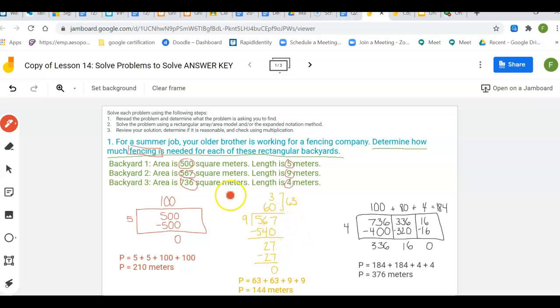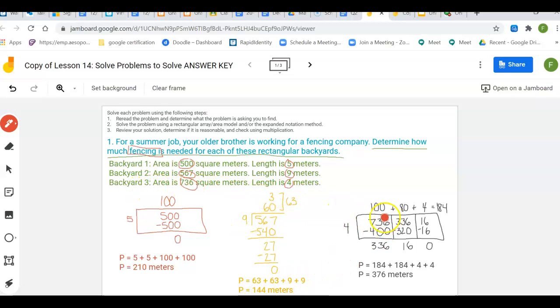And for the second one, 567 divided by 9. And this is my work for that one. And I determined that my quotient here is 63. So this was a missing number. 63, and I add up 2 of these sides, which is going to be the length, and I get 144.